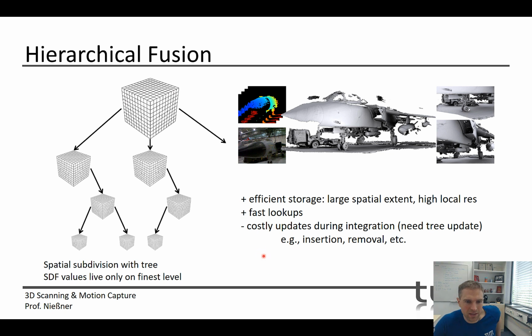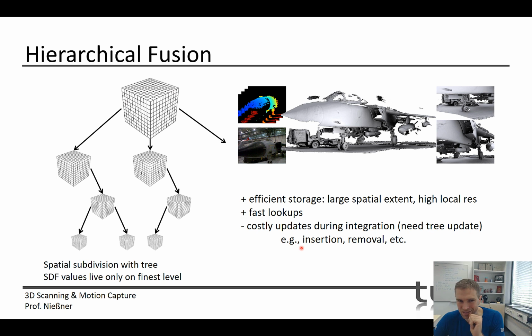Another version of that is hierarchical fusion. They basically use a hierarchical data structure where they have a root volume, and then an octree structure where they do a spatial subdivision, and the SDF values live on the leaves. Since this is a spatial subdivision, the leaves only exist around the surface. So the big plus here is super efficient storage, large spatial extent, high local resolution and fast lookups.